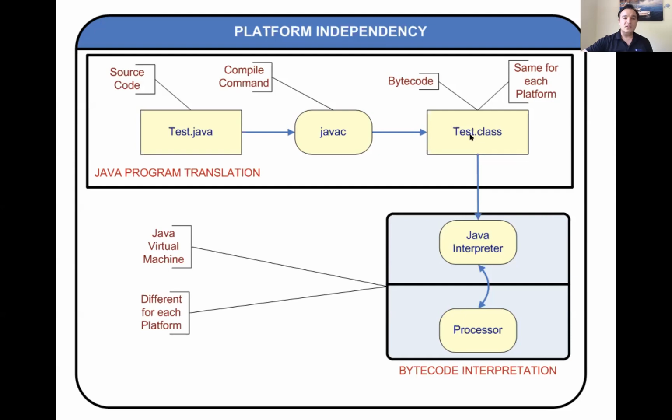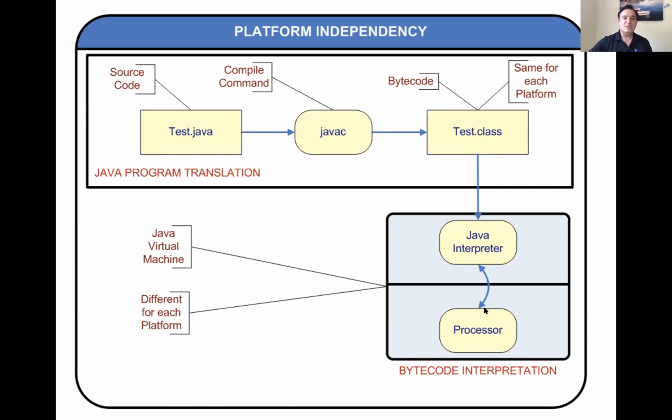But if you take test.class and you try to run it in Linux, Java virtual machine for Linux knows how to interpret that bytecode as well and convert it to an executable for the underlying platform. So that's how Java becomes platform independent.